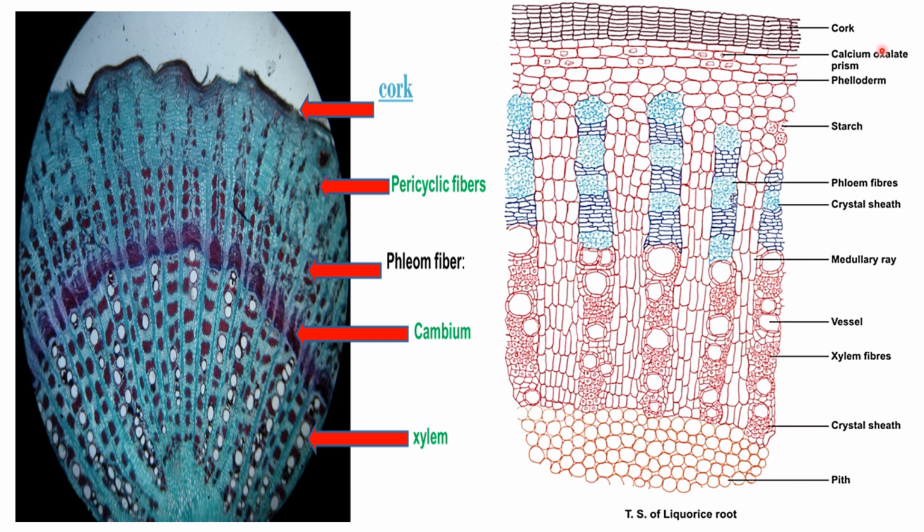The cortex layer shows calcium oxalate prisms and starch. Then the vascular bundle layer, characterized by the phloem region with phloem fibers and the xylem vessels after it. And finally, in the center, the pith, because it's a subterranean stem.